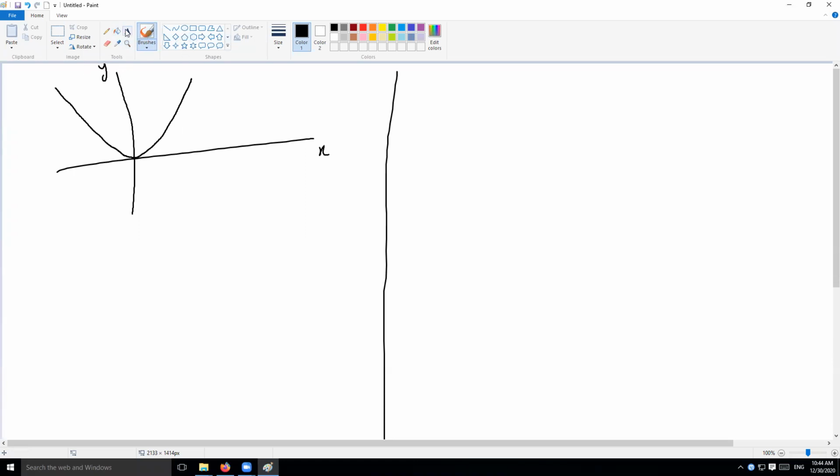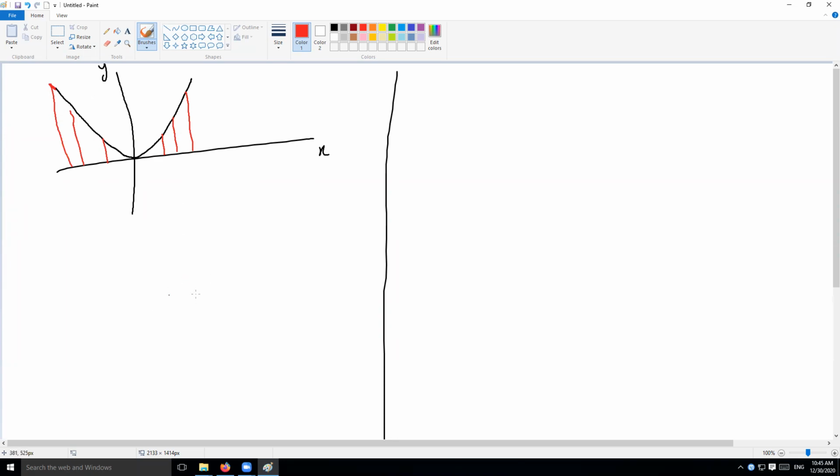Now the vertical line test is a test to verify that a given relation is a function or not. Okay. So in other words, for every x, there is a unique y output. So there is always a unique output actually, no matter where you go.